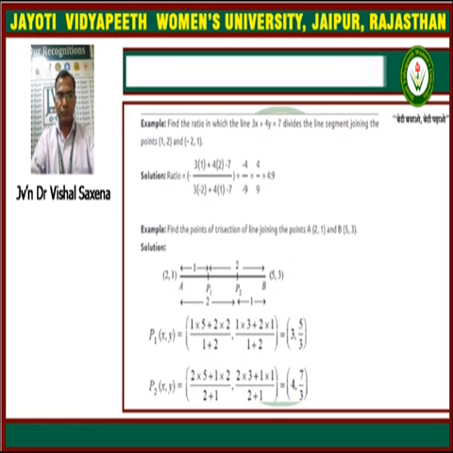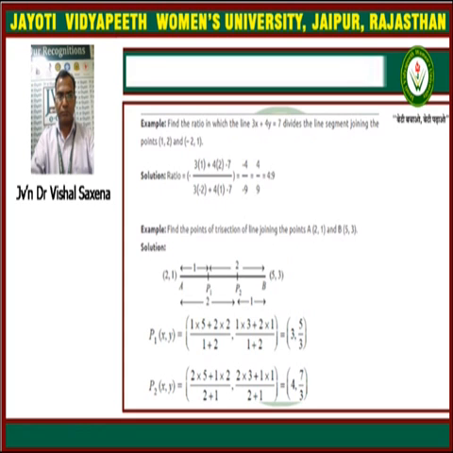Next question is, find the points of trisection of the line joining the points A and B. So we are given two points A and B whose coordinates are given. We have to find the coordinates of two points which divide this line segment AB in three equal parts.